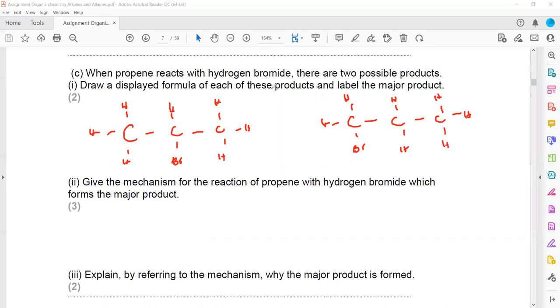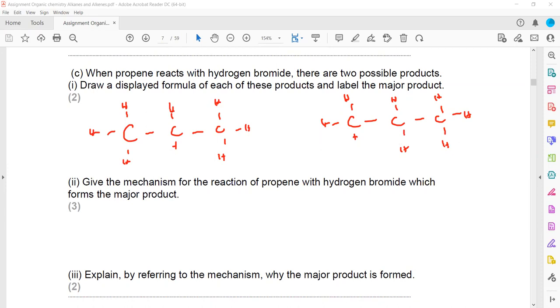If hydrogen is attached to the first carbon, a carbocation is formed here. And if hydrogen forms a bond with the second carbon, this will be the carbocation. So which carbocation is more stable, the left-hand side or the right?